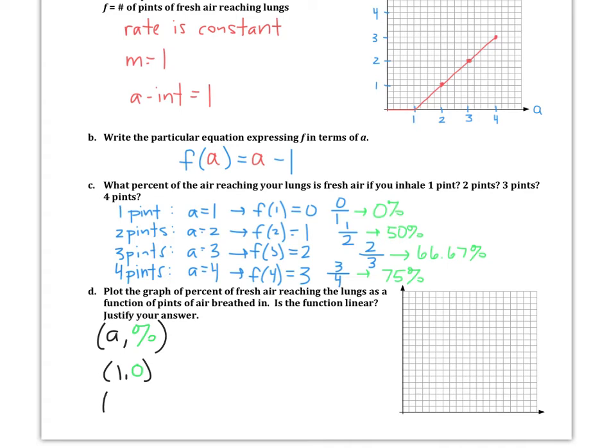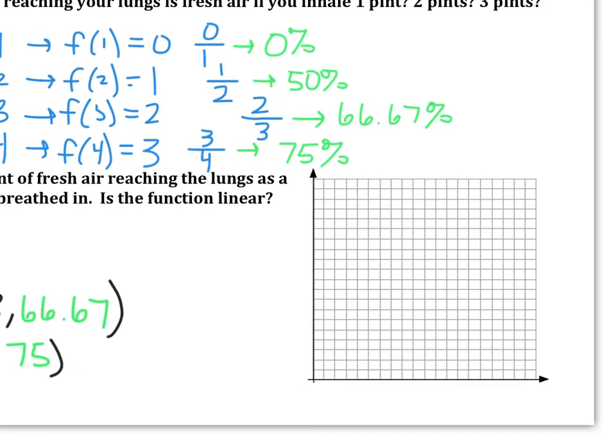When we breathed in 2 pints of air, we got 50% of fresh air reaching the lungs. When we had 3 pints, we are at 66.67%. And finally, our last ordered pair is going to be 4, 75%.